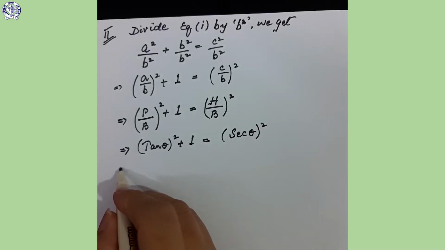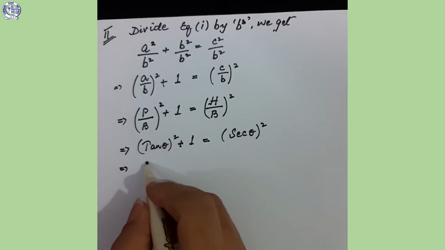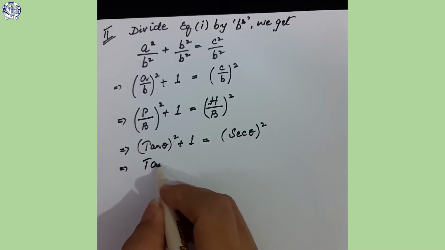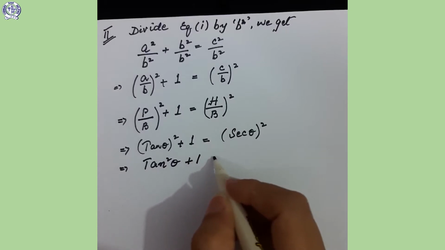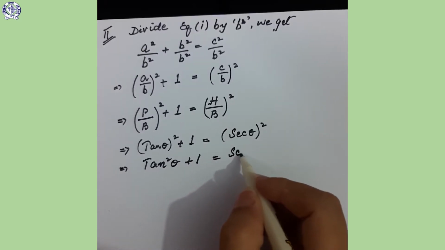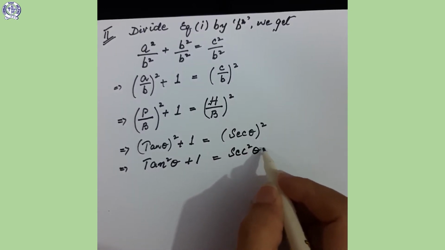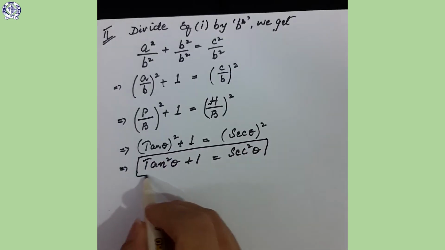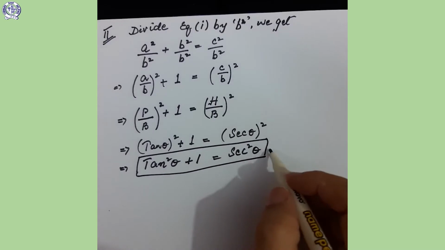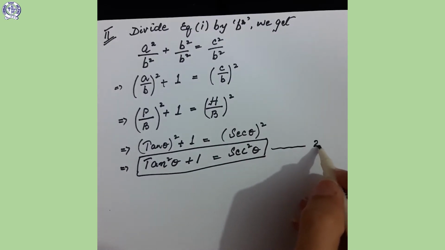Open the bracket. The square will come on tan square theta plus 1 equals sec square theta. So this is the second identity, main identity. This is number 2.